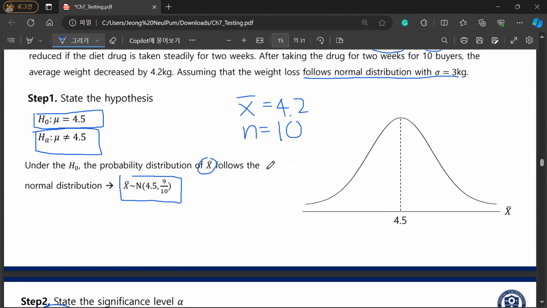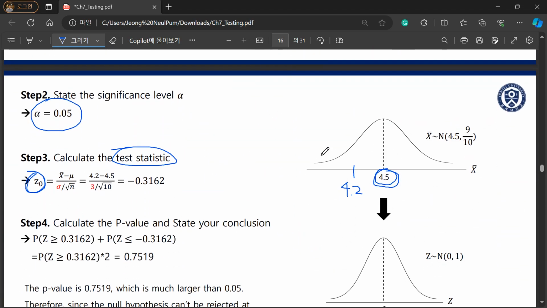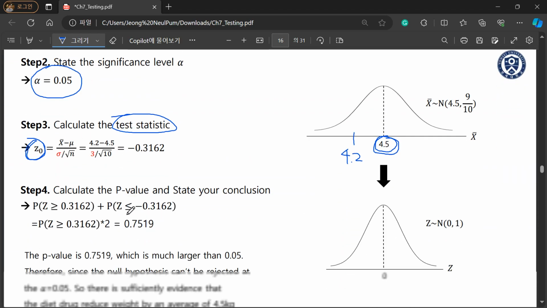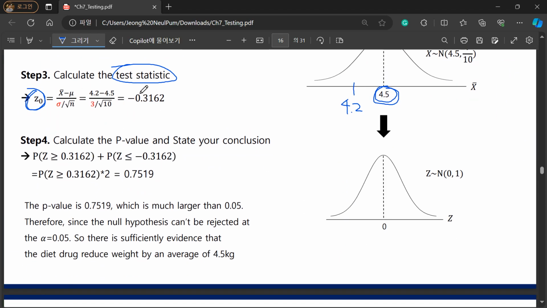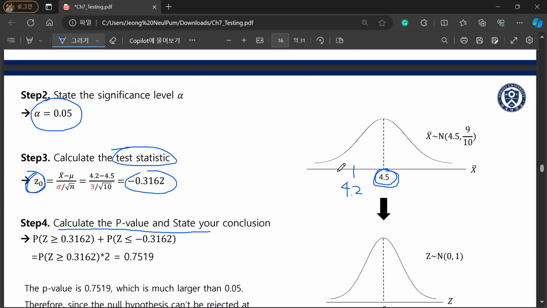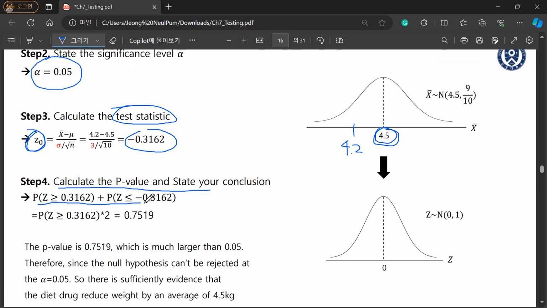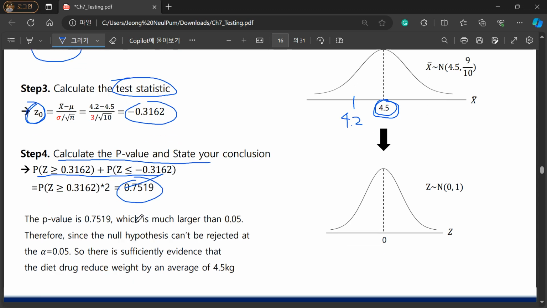We want to get the probability when the z-score is like this one. Because the test is two-sided, we get the p-value by combining the two-sided probability of the normal distribution, which is the same as multiplying the probability by 2. So we can get this p-value.